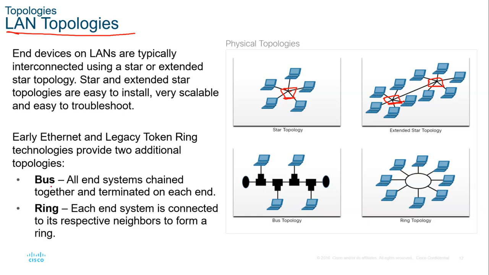Then we have the legacy topologies, the early Ethernet and legacy token ring, where we have bus and ring. In the bus, all end systems are chained together and terminated on each end. Chained together, as you can see.